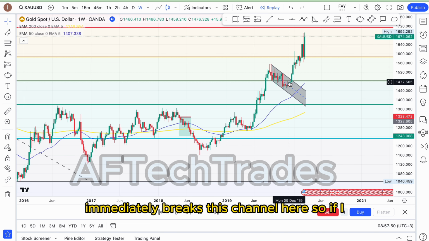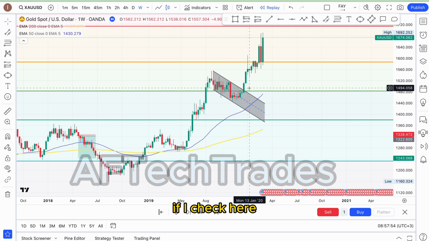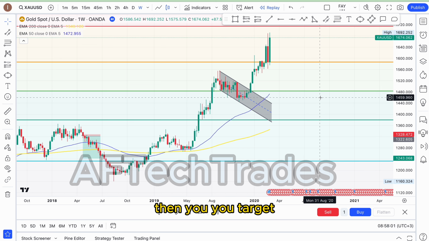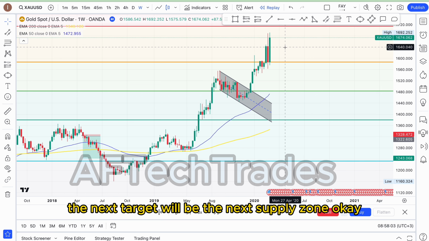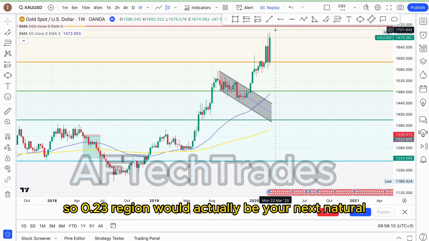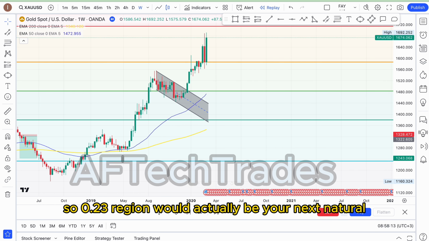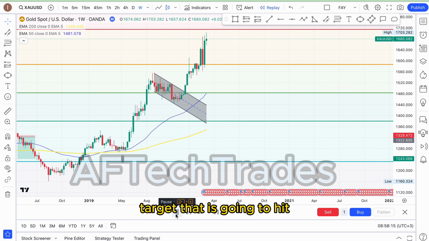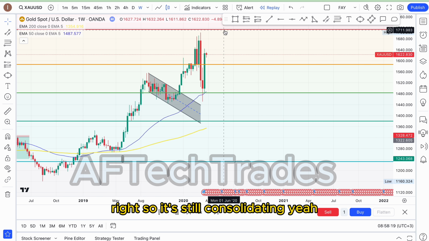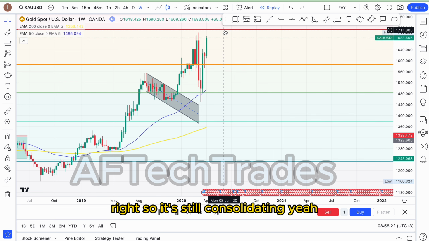Immediately it breaks this channel here, using this as your demand zone, the next target will be the next supply zone, which is up there. As I said, this is 0.38, so the 0.23 region would be your next natural target, which is this red line here. All right, so it's still consolidating.